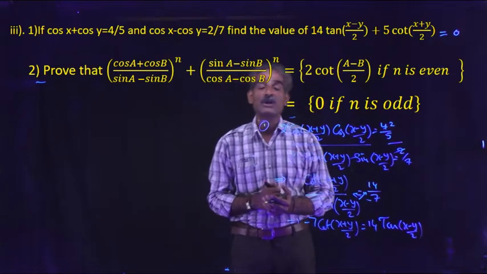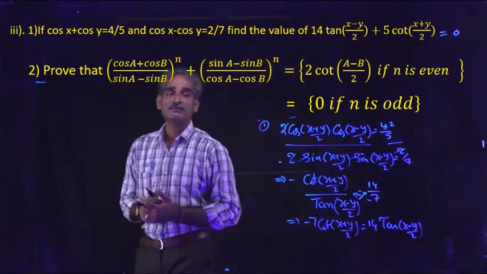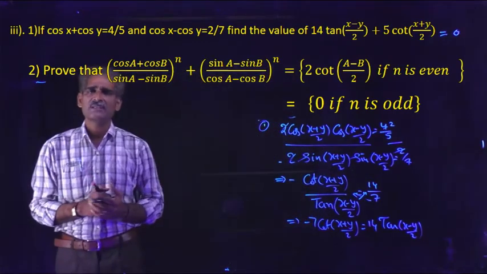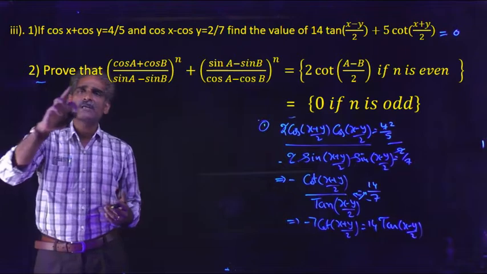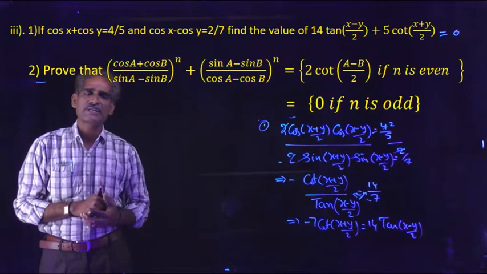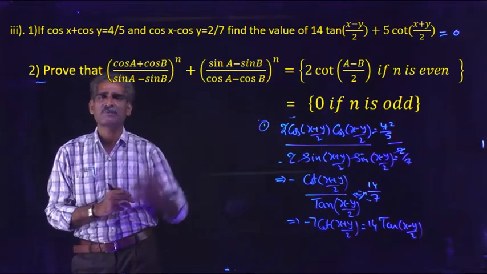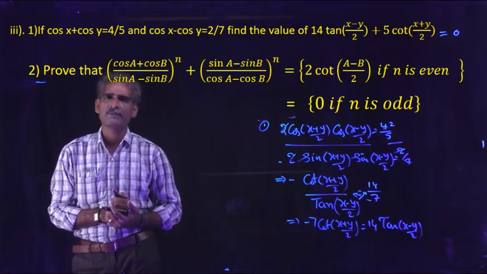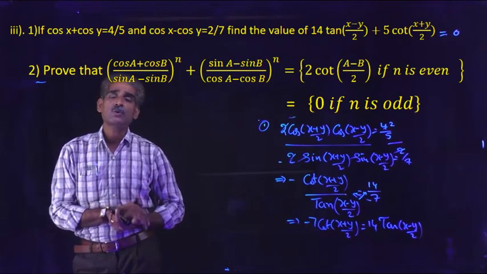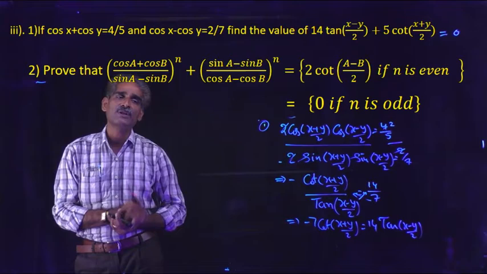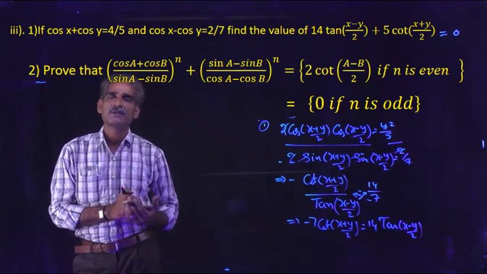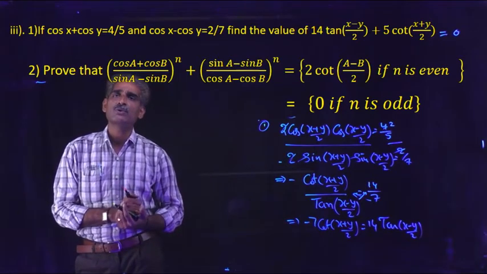Okay. So let's see the second one. Just to verify, the given part is ((cos A + cos B)/(sin A − sin B))^n + ((sin A − sin B)/(cos A − cos B))^n, which equals 2 cot((A−B)/2) if n is even. If n is odd, then it is equal to 0.